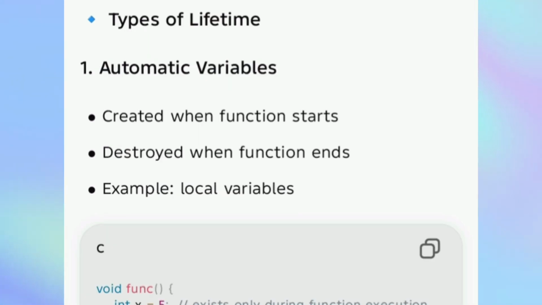Types of lifetime. First one is the automatic variable: created when the function starts, destroyed when the function ends. Example, a local variable. The local variable is one type of lifetime, an automatic variable.